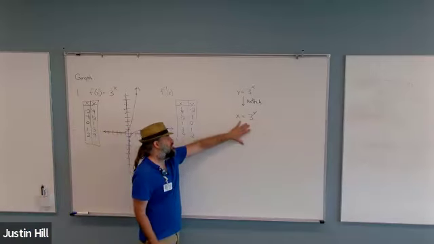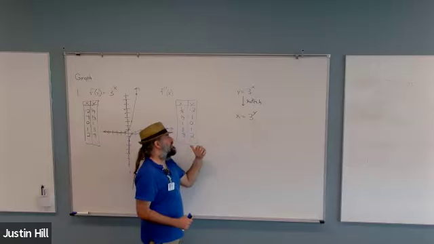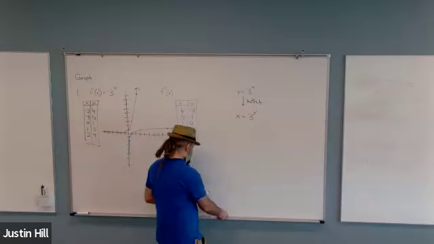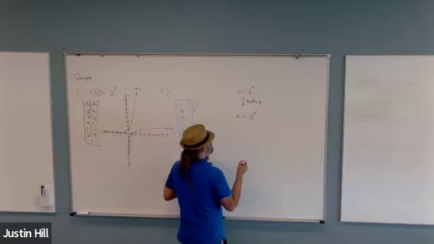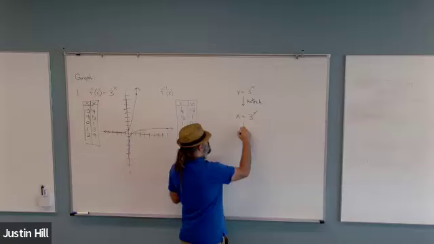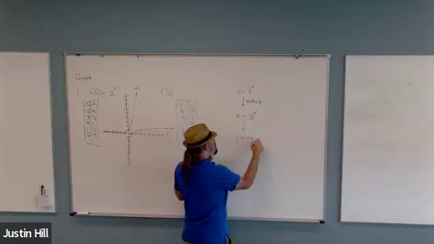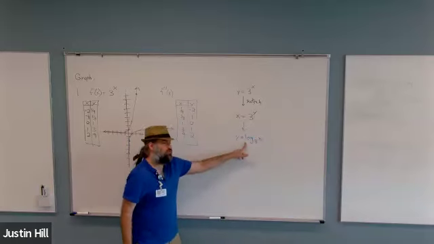They looked at this and said, well, it exists, but I don't have an operation that gets me there. And so what they did is they rewrote this as y equals log base 3 of x. This log stands for logarithm.